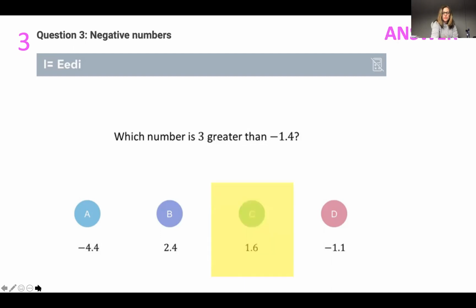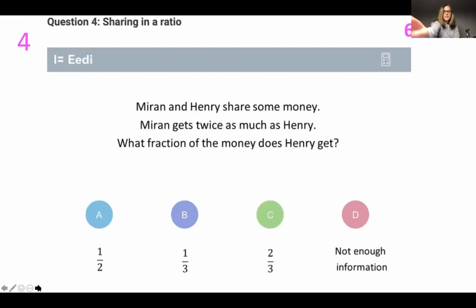Hopefully, especially if you drew a number line, you will have come up with C, 1.6. Question 4. 60 seconds. You're halfway.